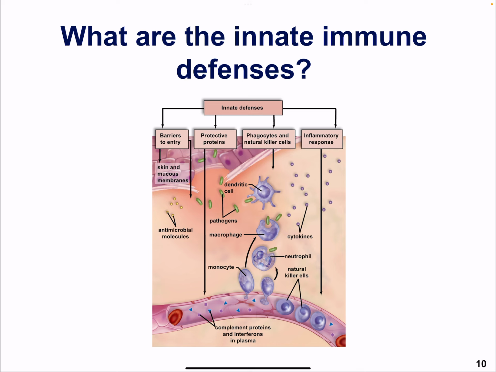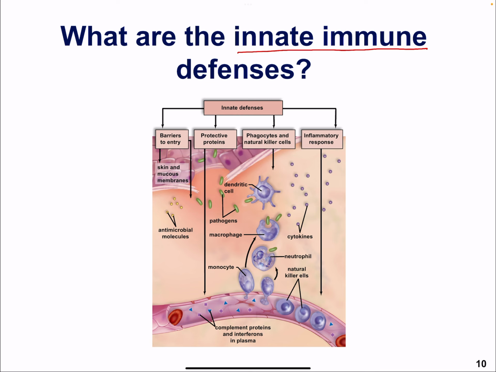Now, the first 2 lines of defense are part of what we call the innate immunity. The innate immunity is basically built-in immunity. This is the immunity you are born with. It doesn't require any previous awareness.